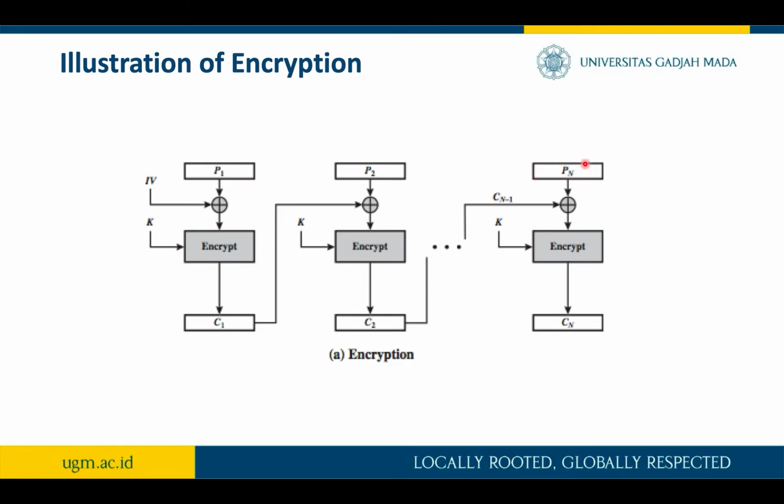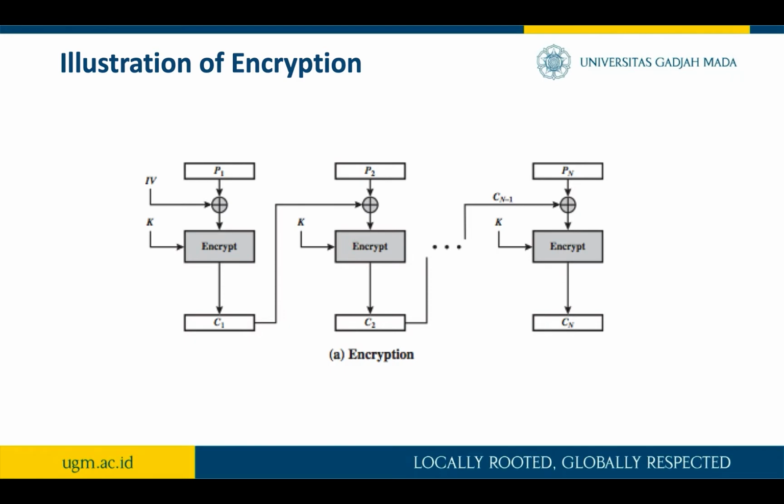At the final here, Pn is XORed with Cn minus 1, and then the result will be encrypted using the key K, and we will produce Cn, the end ciphertext. Okay, so as you can see here, this is the illustration of the chaining. There is a chaining between a block and the previous block, or between a block with the next block.